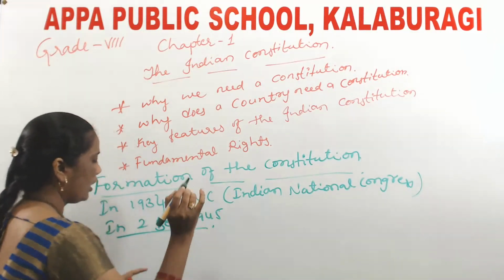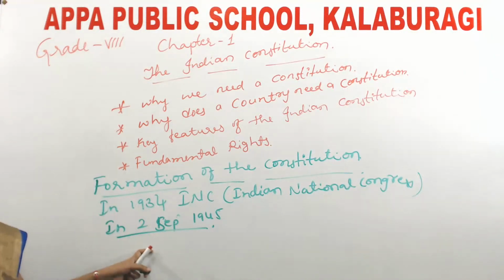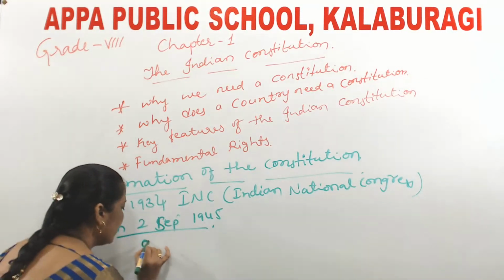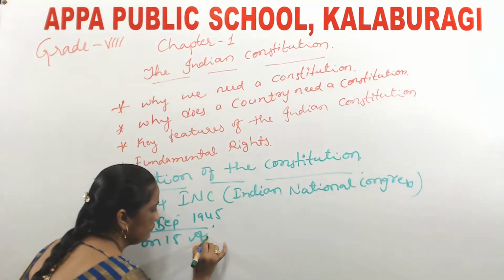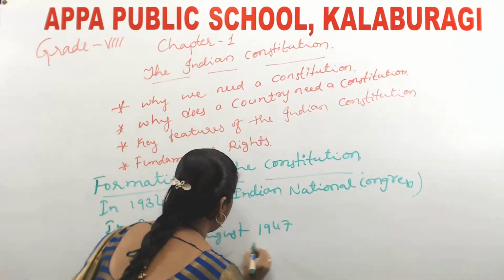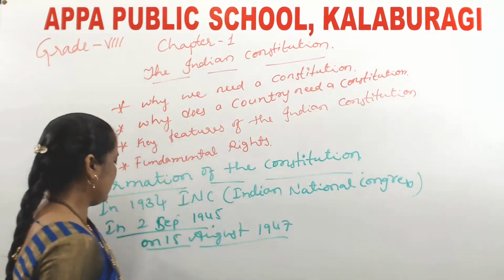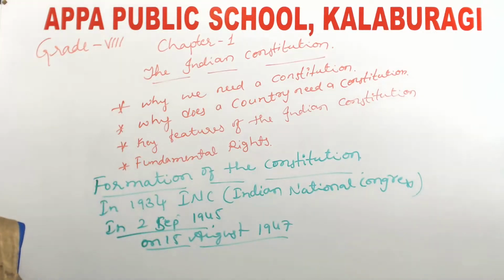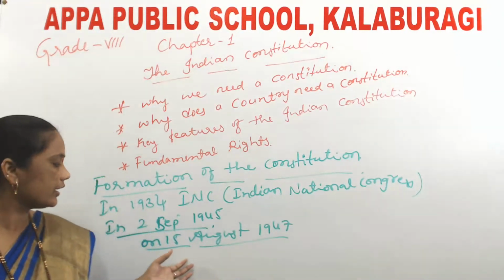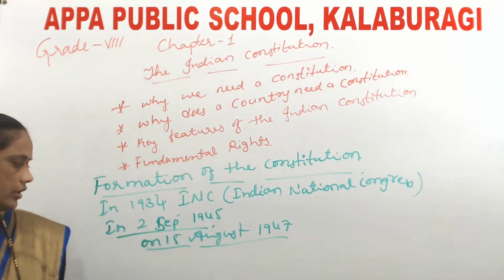After that momentum, we got freedom. You know that we got freedom on 15th August 1947. After that, the Constituent Assembly decided to make a new constitution.